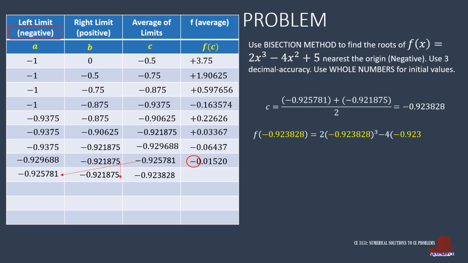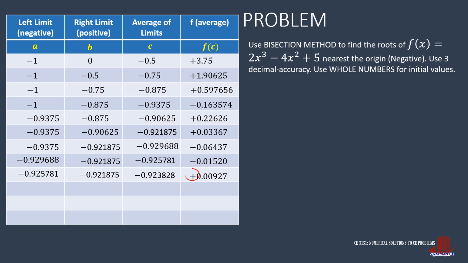Plug this into the function and get 2 of negative 0.923828 cubed minus 4 times negative 0.923828 squared plus 5, giving 0.00927. We can see progress here as we already reached 2 decimal zeros.